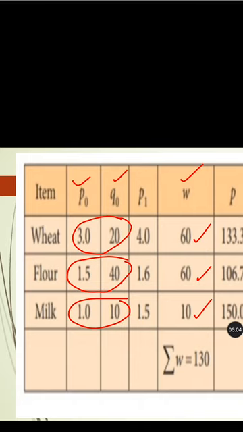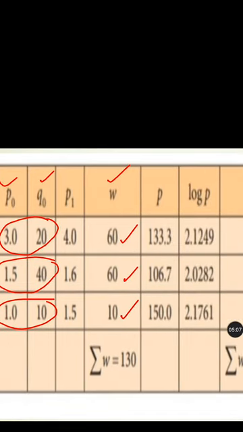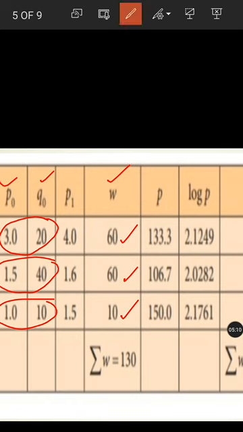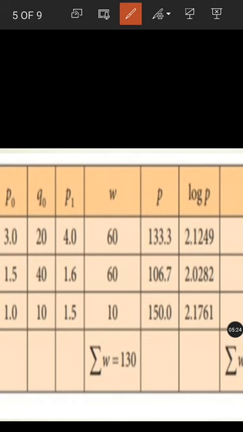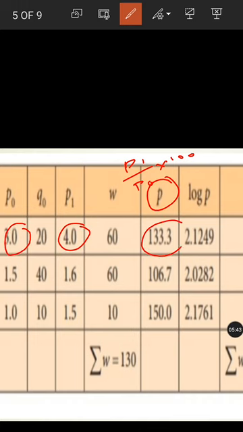Now let us move on to P. The formula is P is equal to P1 divided by P0 into 100. Here P1 is 4.0 divided by 3.0 into 100, which is 133.3.